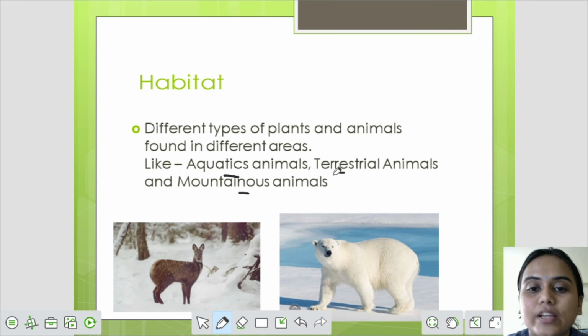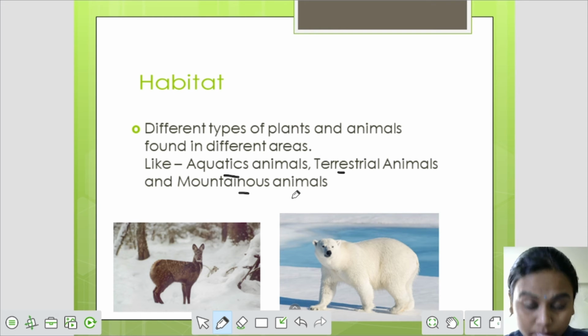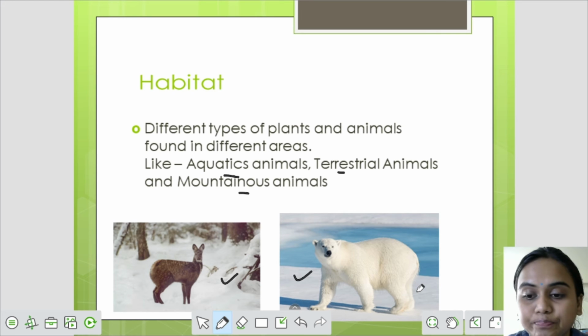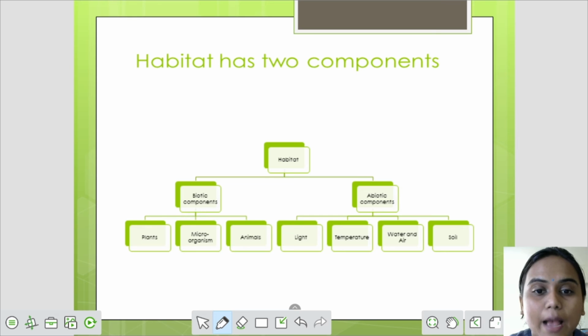Terrestrial animals live on land with normal conditions, not too hot and not too cold. And mountainous animals mainly live in mountainous areas, like a polar bear or a musk deer. These are habituated to the cool environment. So this is their habitat.